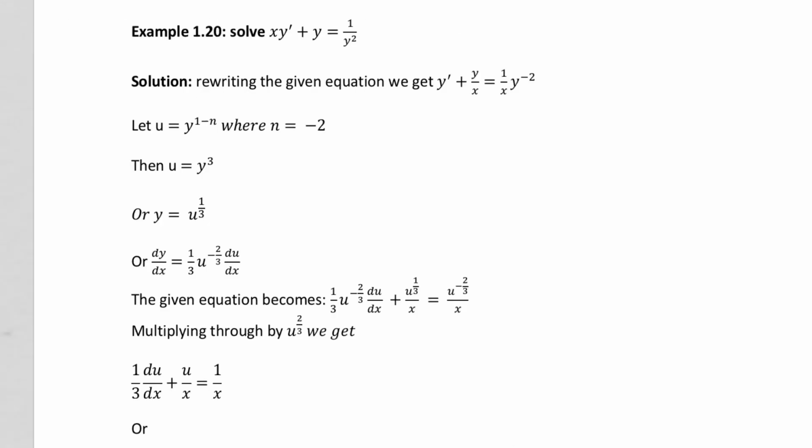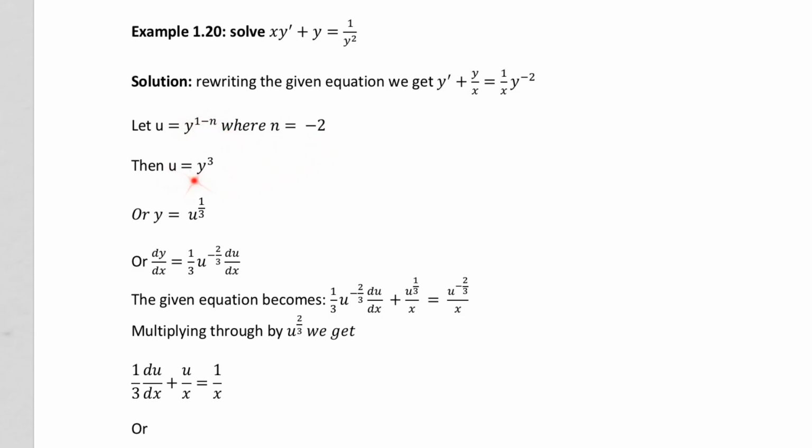Let's take up the next problem, which is solve xy dash plus y is equal to 1 by y square. Rewriting the given equation, we get this. Let u be equal to y raised to the power 1 minus n, where n is equal to minus 2.